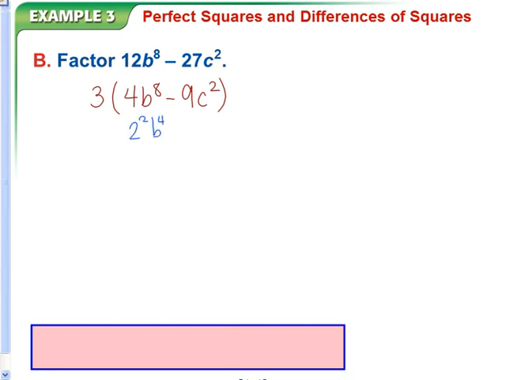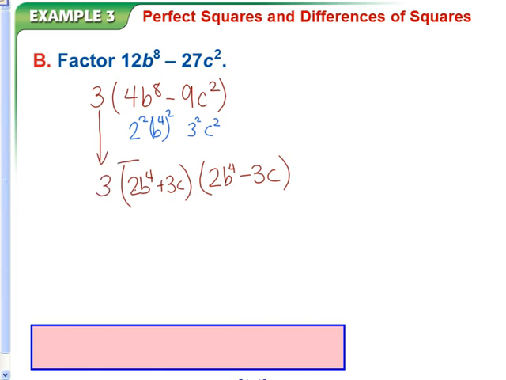It's b to the 4th squared. 9 is a squared number, and c is being squared. So since I notice everything's being squared and it's subtraction, we can go to that rule that we were just using. So it's 2b to the 4th plus 3c, 2b to the 4th minus 3c, and again I can't forget about that 3 out in front. So I bring that down. Now we are completely factored.